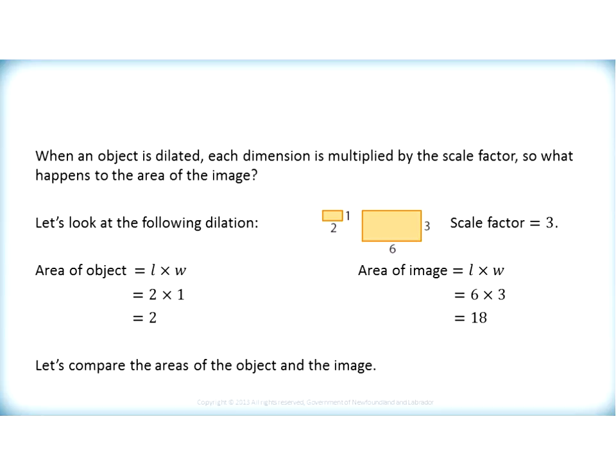So now we're going to compare these areas and see what kind of a relationship we can uncover. Dividing the area of the image by the area of the object. So the image, remember, had an area of 18. The object had an area of 2. So we divide 18 by 2, and that gives us a value of 9.